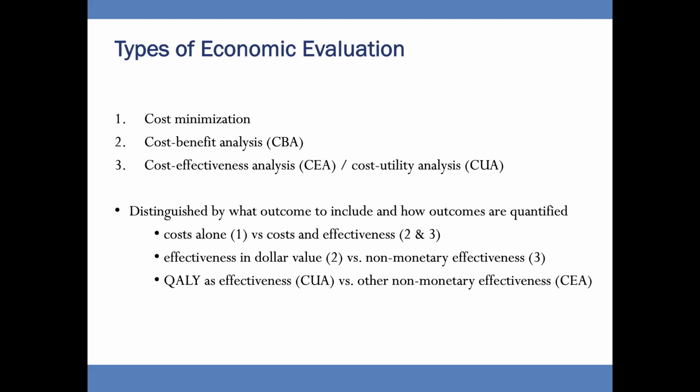Now, between 2 and 3, what is the difference? Cost benefit analysis and cost effectiveness analysis differ in the sense that for cost benefit analysis, the effectiveness is measured in terms of dollar value, whereas in cost effectiveness analysis, the effectiveness can be measured in anything non-monetary, such as a number of infections or a life year saved, for example.